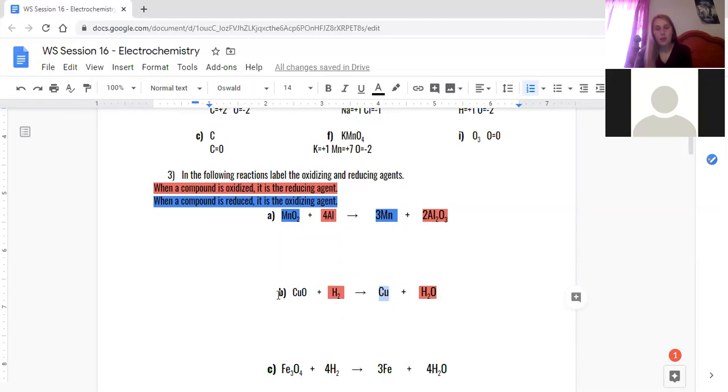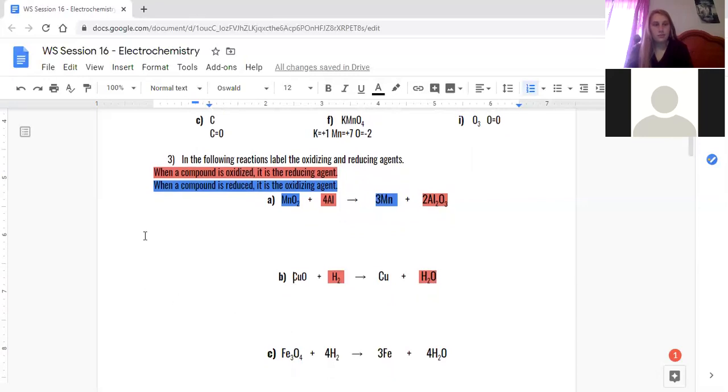So is this copper going to be oxidized or reduced? Yep, it's going to be reduced. Perfect.